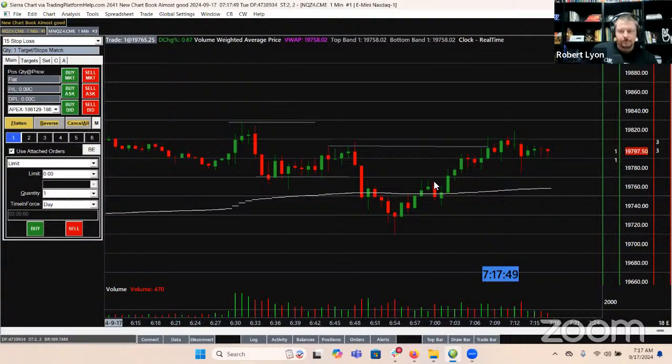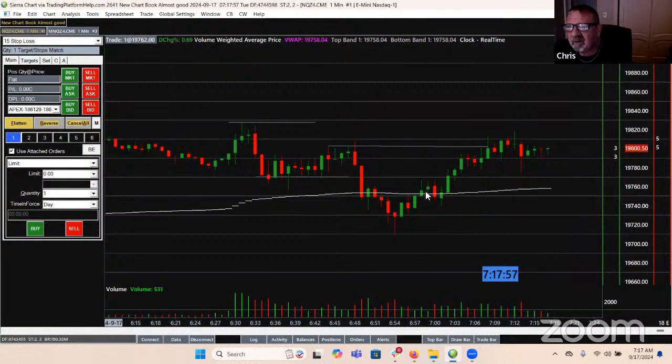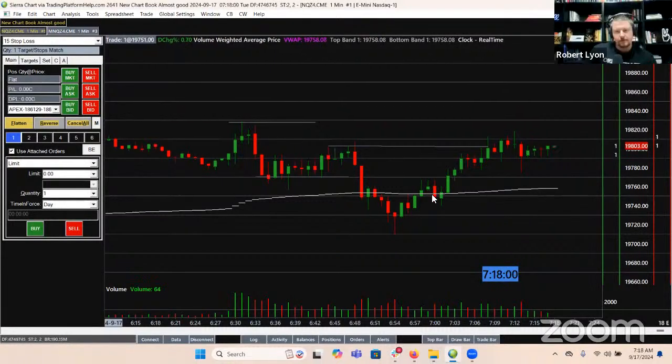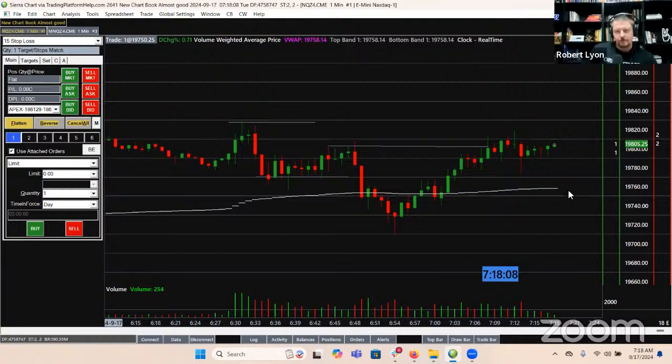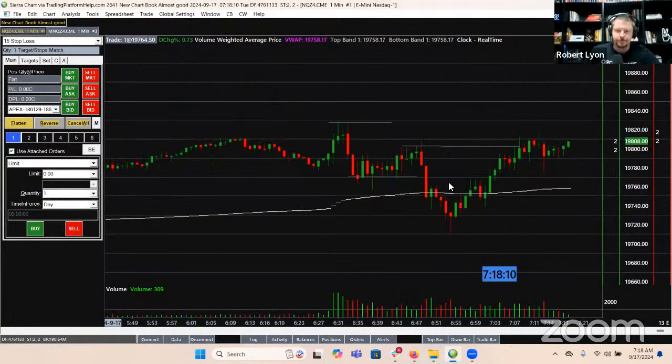If we fall out, we'll probably come back down to about here and then we'll bounce. Order blocks are another one. Have you heard of those before? No. This is a fairly good example of an order block right here. This one red candle. So you've got three green, one red candle, three green, a bunch of green. If we come down and hit this, I know it's probably going to have a bounce. That's what an order block is. I've got some more videos where I show those a little better.